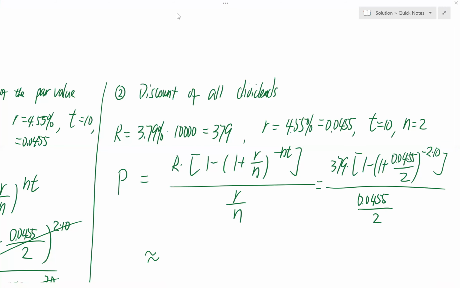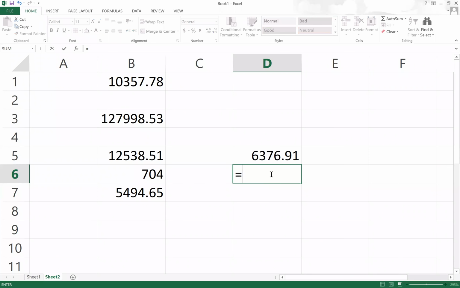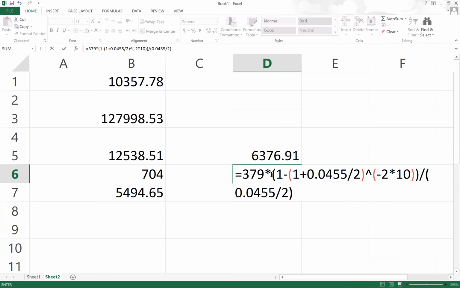Now go to Excel. So 379, that's the semi-annual interest payment. 1 minus open parenthesis 1 plus 0.0455 by 2, and raised to negative 2 times 10, right? That's fine. Close parentheses and dividing by 0.0455 by 2.